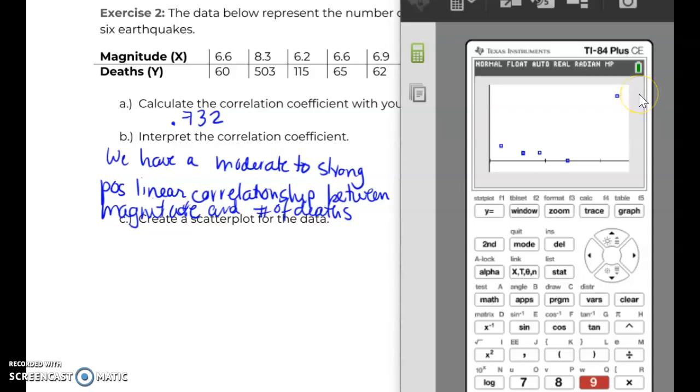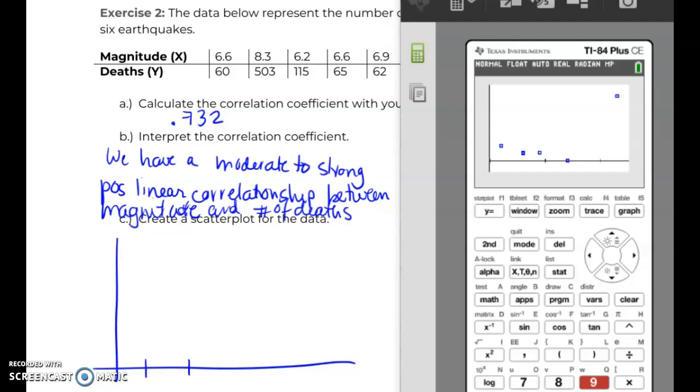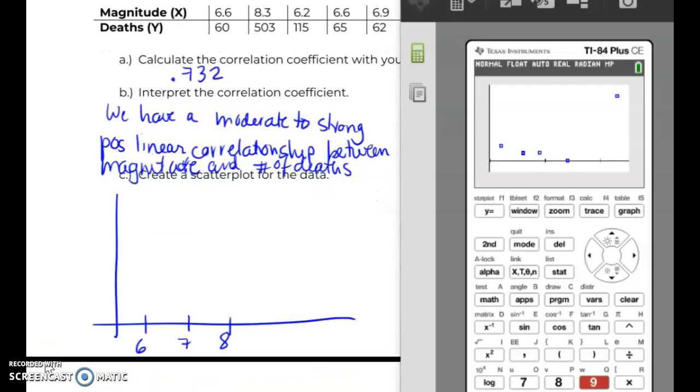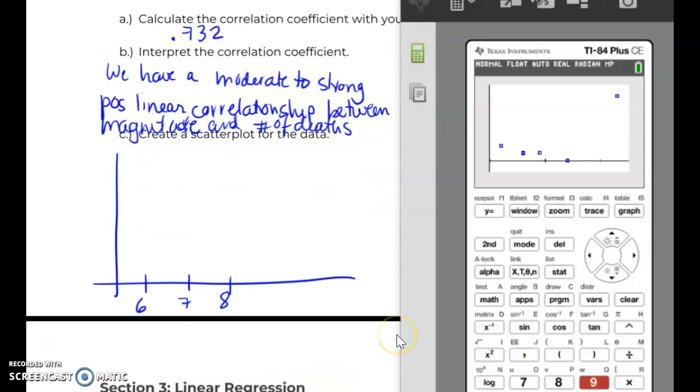And if we drew this by hand, we would have the same idea again. Here's our x-axis, there's our y-axis. All right, so let's look at our x variable, which goes from 6 to 7 to 8. And then our number of deaths.